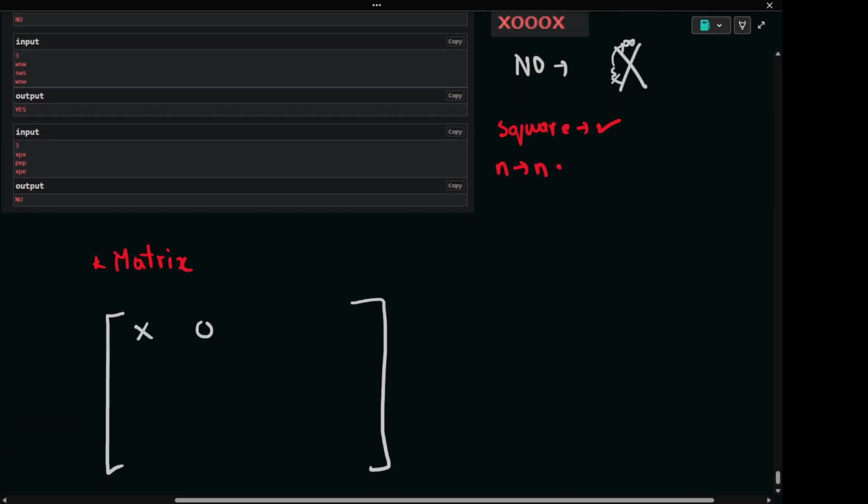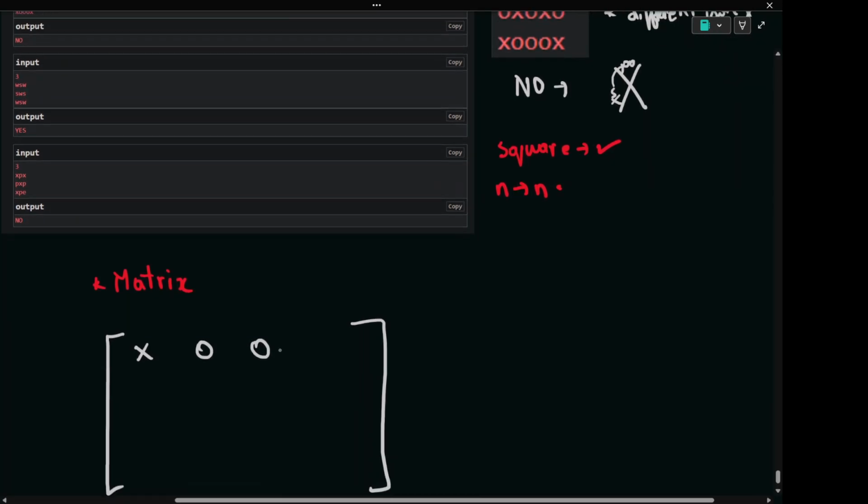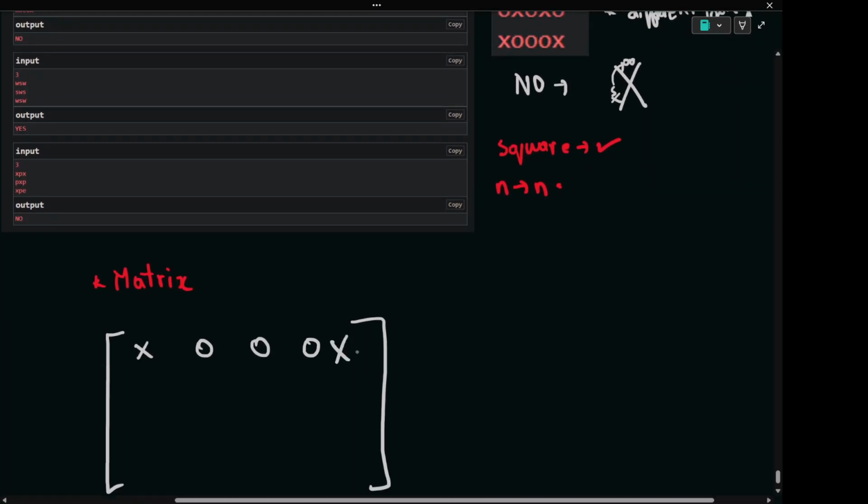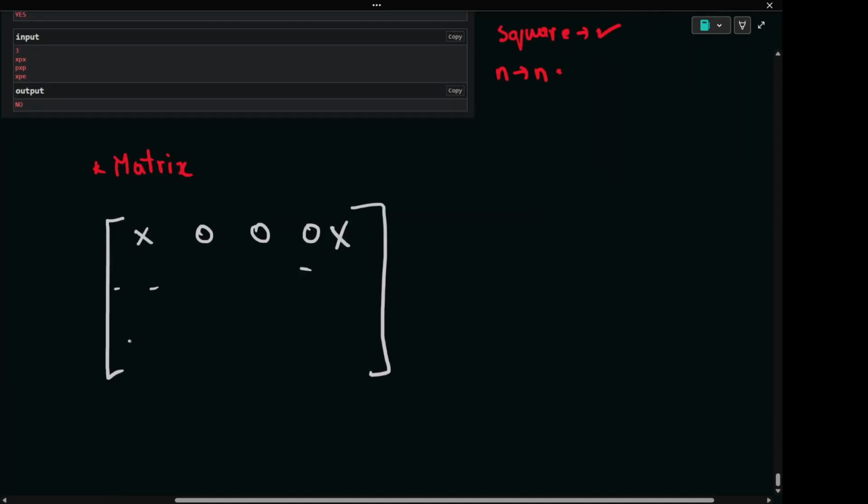Yeah. So x o o. In that case we are going to look at x, fine, and so on. All the elements. Okay. What's the next part? We build the matrix. So then we have to store each character. That is in this part, right? Where we are going to build a matrix.